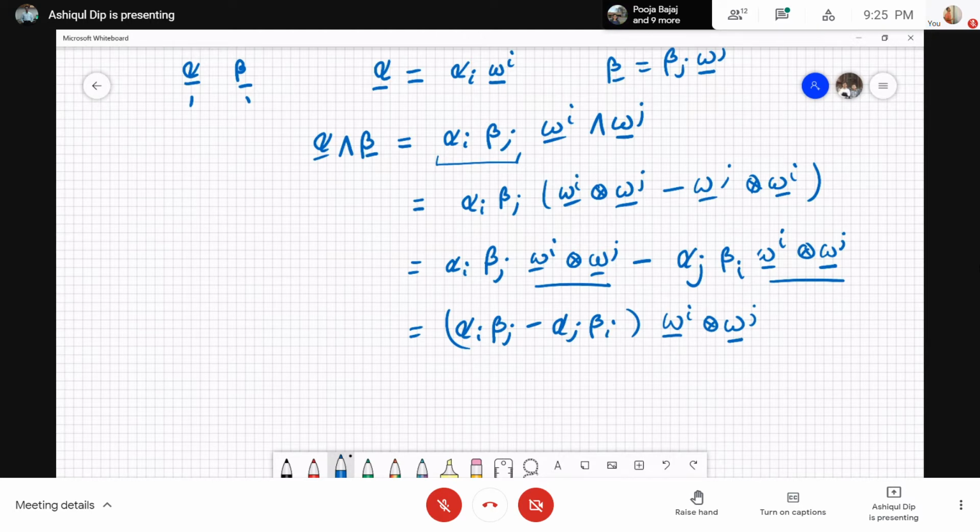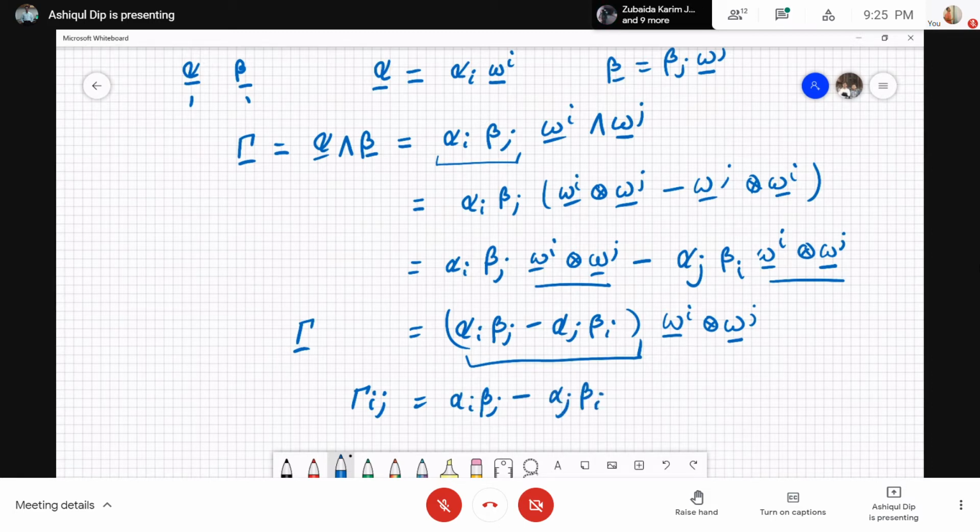If you want to write in terms of tensor component, these are your components of a new tensor. So if you call it, say, big gamma, then your gamma ij are this thing: alpha I beta j minus alpha j beta I. And if you want to write in terms of wedge product as well, you can do that.